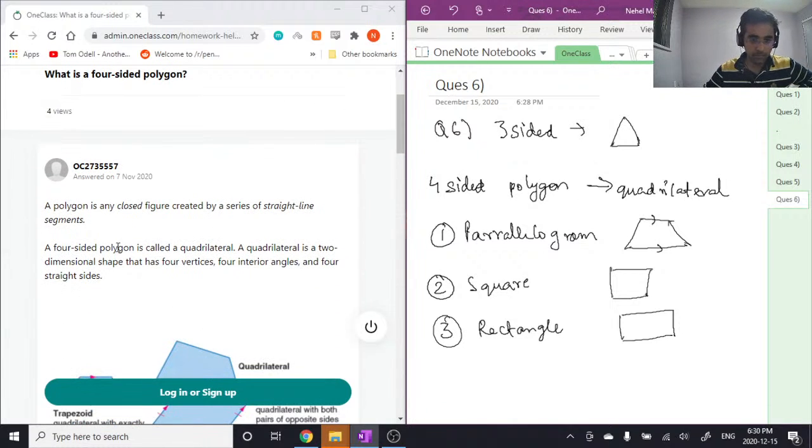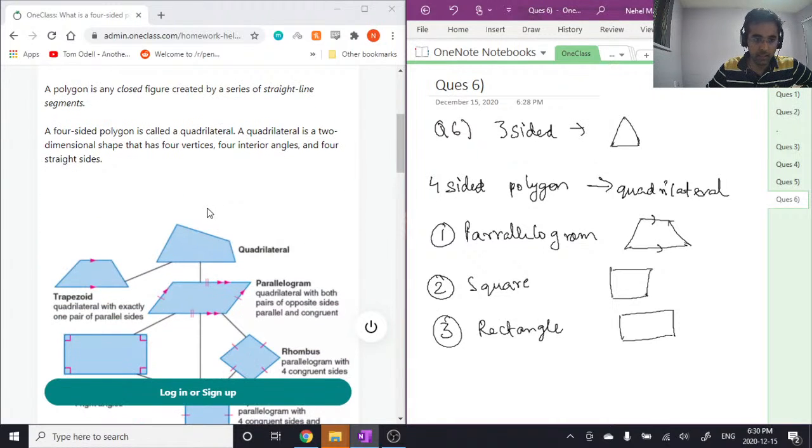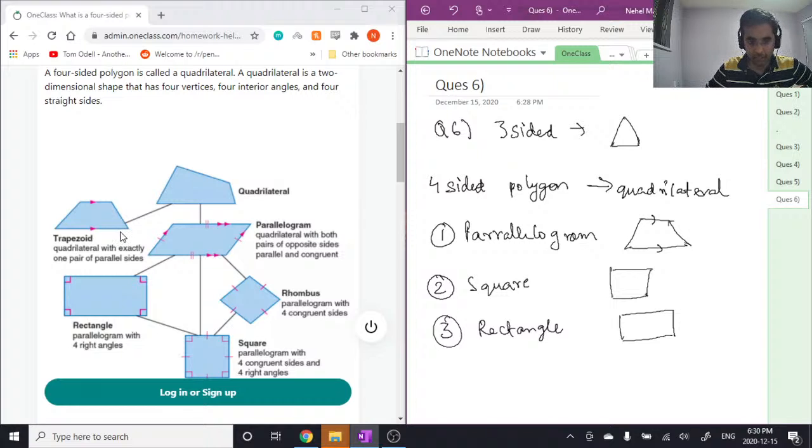Okay. Four-sided, 4 interior angles and 4 straight sides, so that's perfect. Another one is a trapezoid, that's correct. Exactly 1 pair of parallel sides. So over here, actually, that is correct.